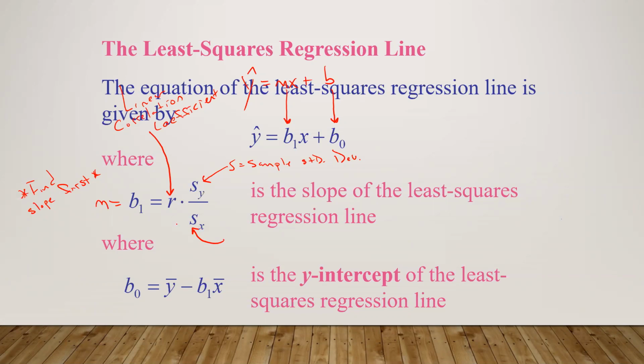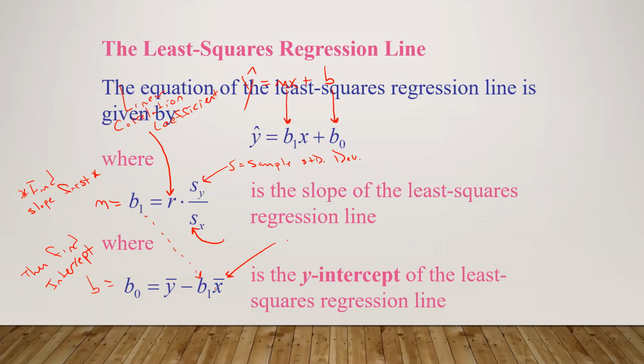After you find the slope, then you find the intercept. Okay. Intercept looks weird. It's Y bar minus, this is why we find the slope, times X bar. Okay. Does anybody remember what X bar stood for?